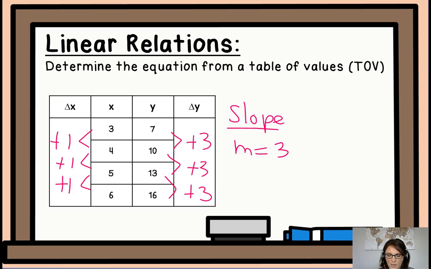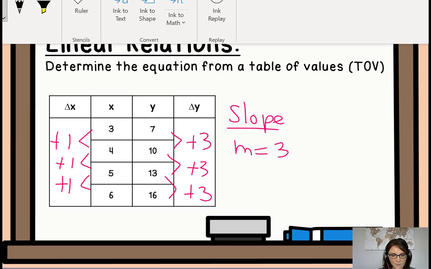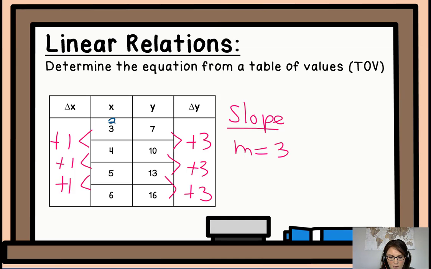Or just 3. And the y-intercept, well, we don't have an x value equals 0 on our table. So what we need to do is something called extrapolate. So we're going to extend our table of values backwards so that we can find the value where x is equal to 0. So I'm going to look at the value of x when x is equal to 2, 1, and then 0.